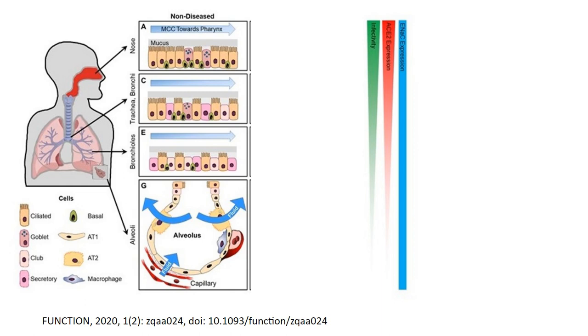So this is a picture from that same function article that you've seen 2 other images from. And this is showing the airways and the histology of the airways in the normal physiology.